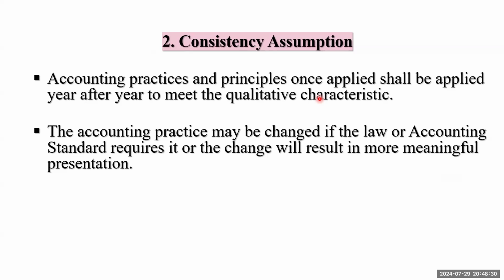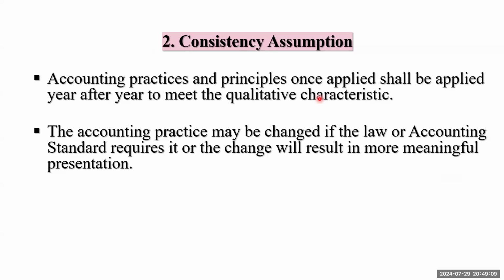Suppose a person is using the straight line method of depreciation in year 1, and then in the second year he changes it to written down value. Then again in the third year he switches to the straight line method. This is not allowed. This principle says that you can't change your method of accounting, your accounting policy, again and again.